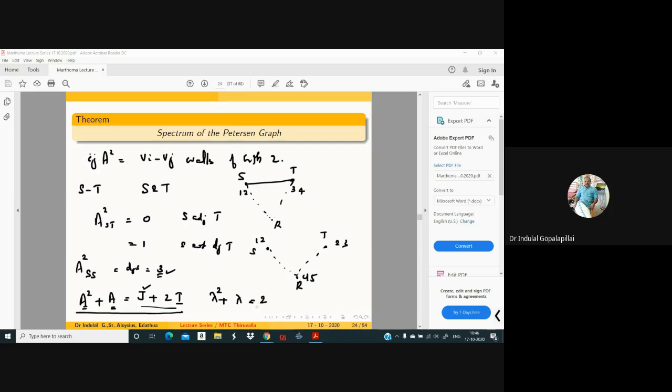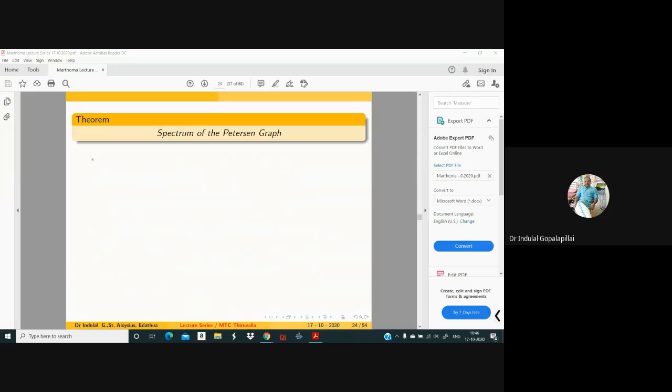So this is equal to 2. So for any eigenvalue lambda of the Petersen graph, lambda square plus lambda minus 2 equals 0. So we have lambda square plus lambda minus 2 equal to 0.